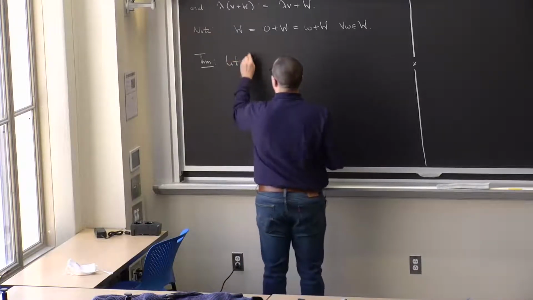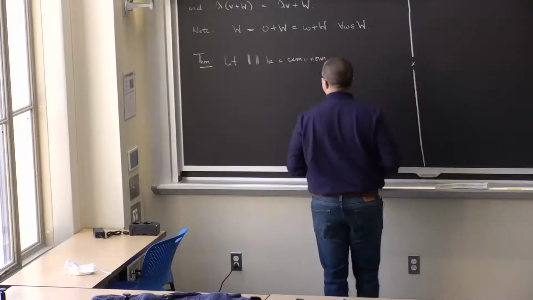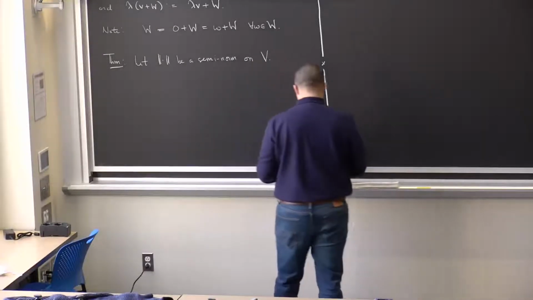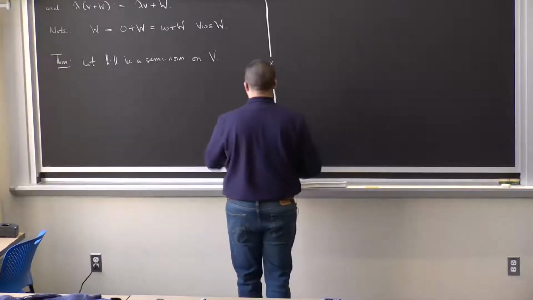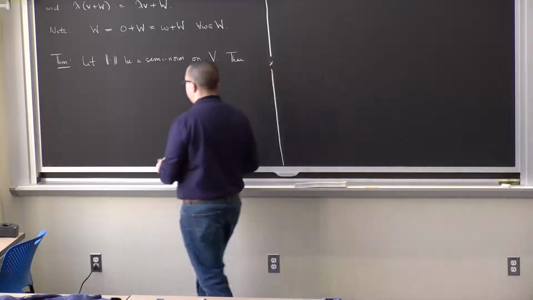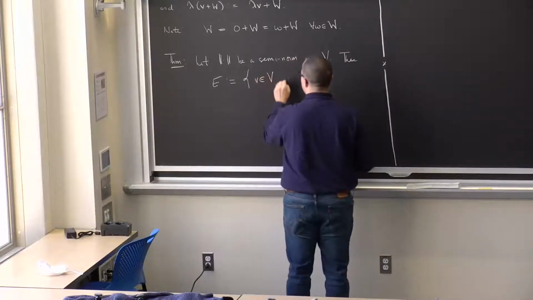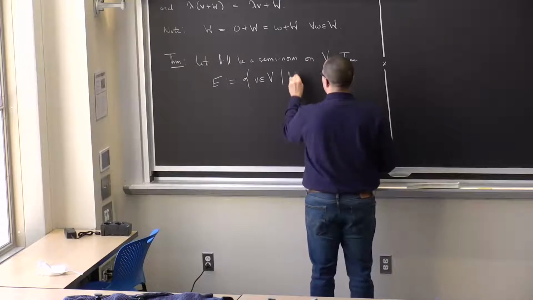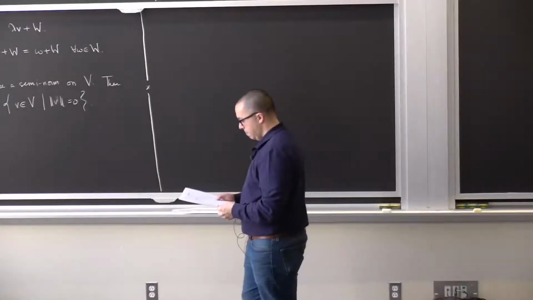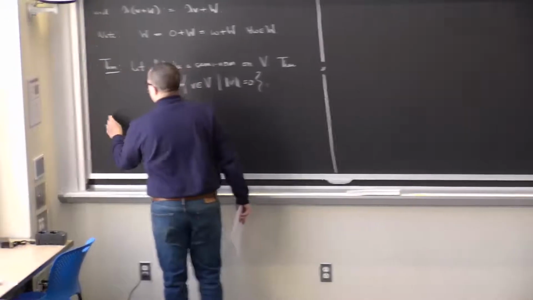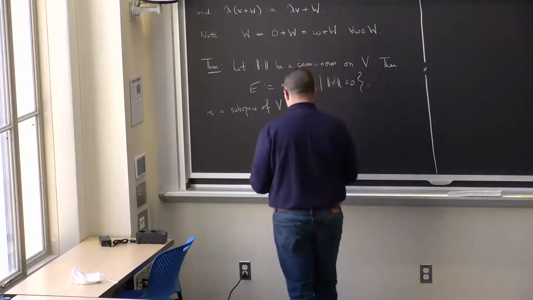The statement is: let's take a seminorm on a vector space V. Then we define E to be the set of all v in V such that the seminorm of these vectors is 0. This is a subspace of V.